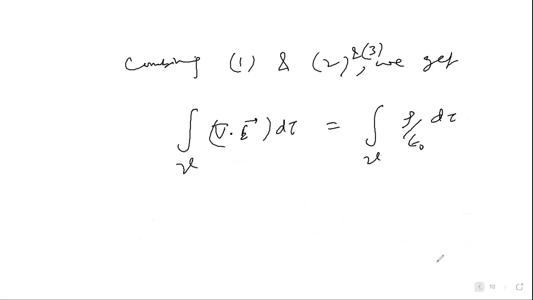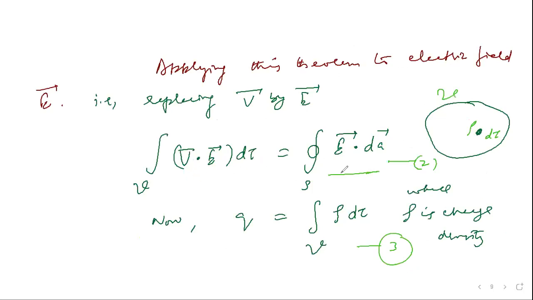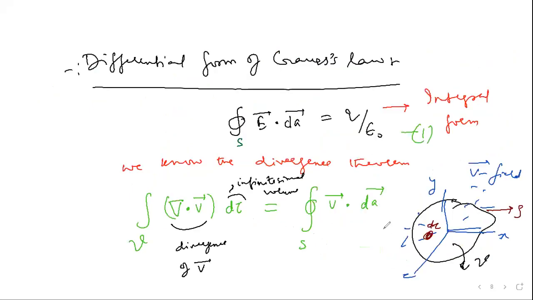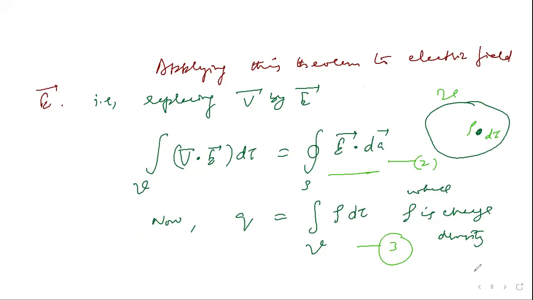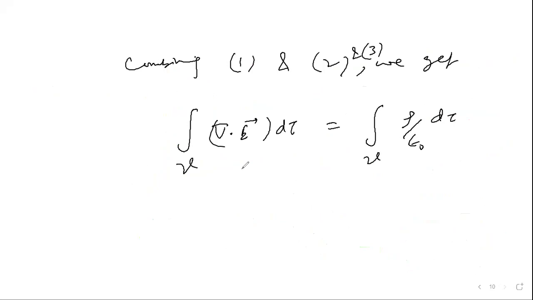And my second is saying that divergence is equal to this flux. Got it? That means this divergence, which is equal to this, which from first is equal to this, can be written this way. So we combined these three equations to arrive at this result.